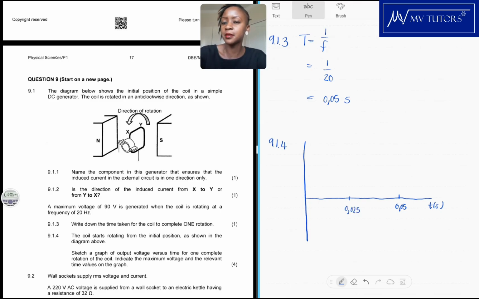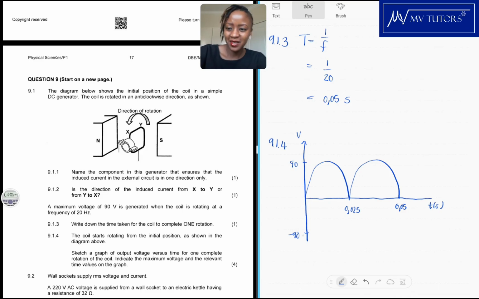And you know that our maximum is 90. Okay. You can either draw it from the positive side or you can have the negative side. But I'm just going to draw it on the positive side of the y-axis, and that is your voltage over there. So at this point we're going to have it looking like this.